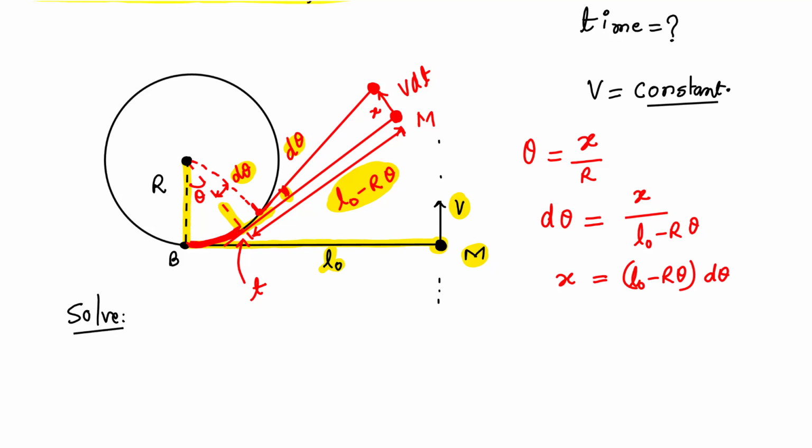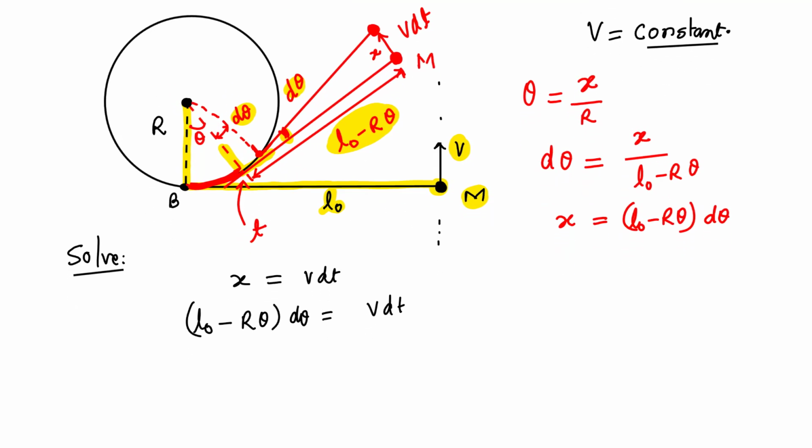Everything is given. Now this distance x is basically v dt, and x is L naught minus R theta d theta, and this is v dt. Now we can integrate these two equations.